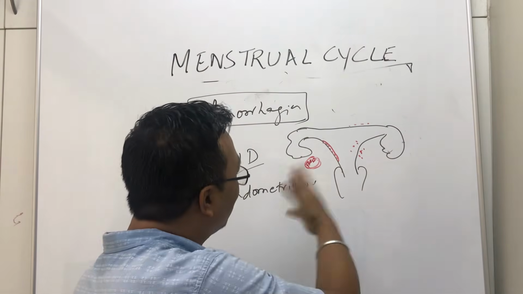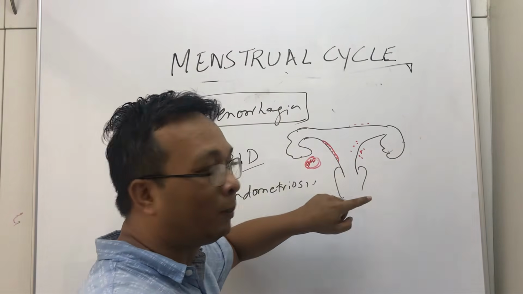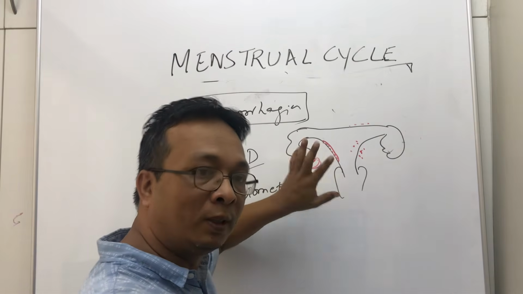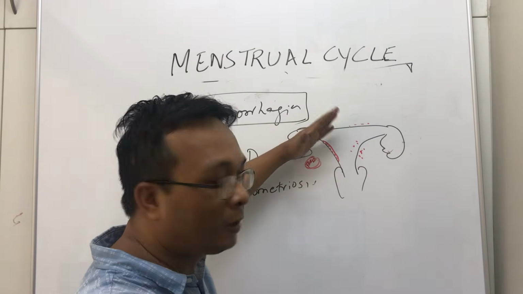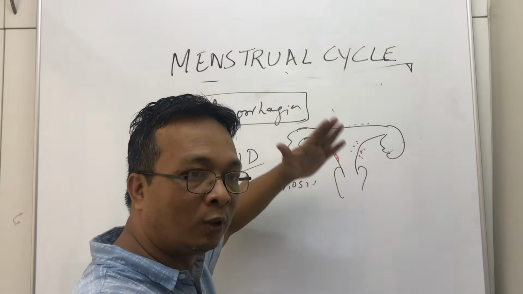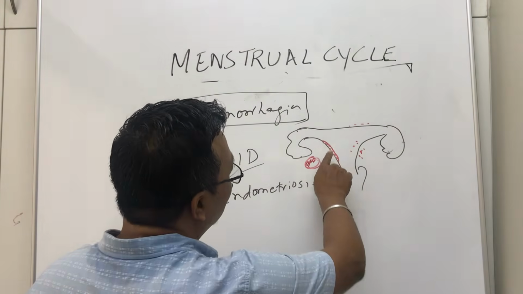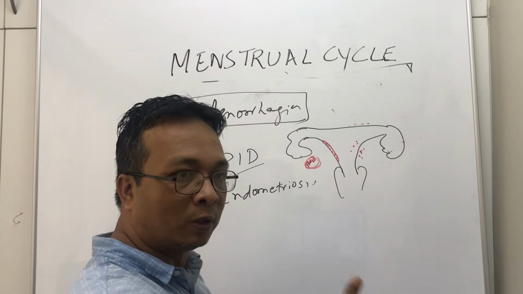When there is endometriosis, this layer of endometrium is not only present in the uterus, it is also present in the fallopian tubes, and somewhere in the ovary. Now, every month the functional layer of endometrium bleeds and is sloughed off. Endometrium grows because of hormones, because of estrogen.